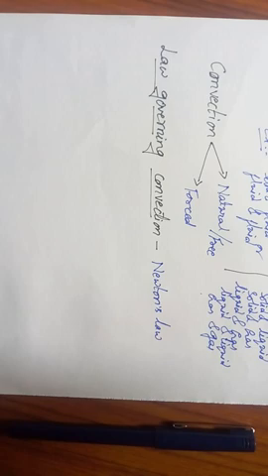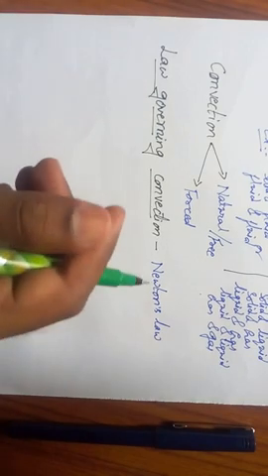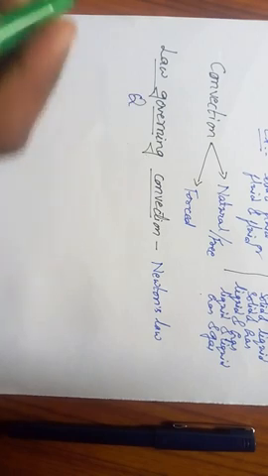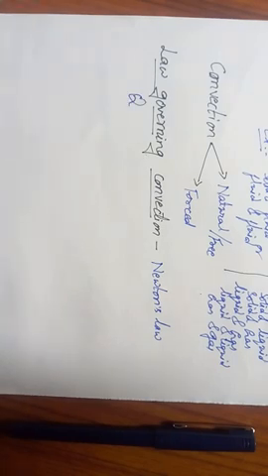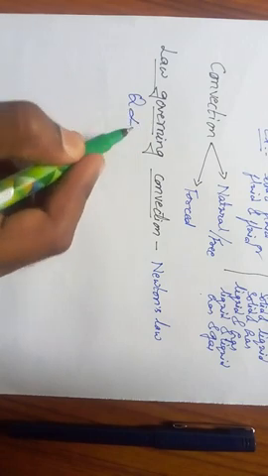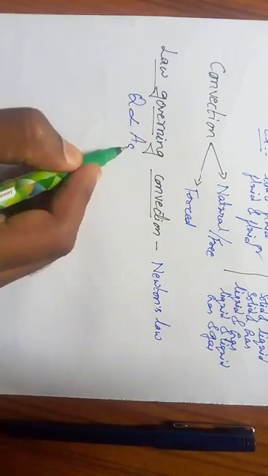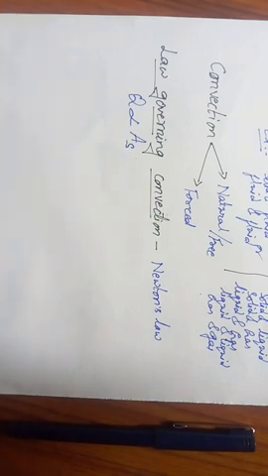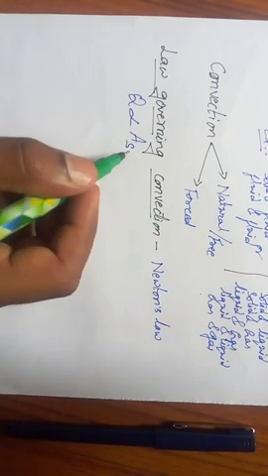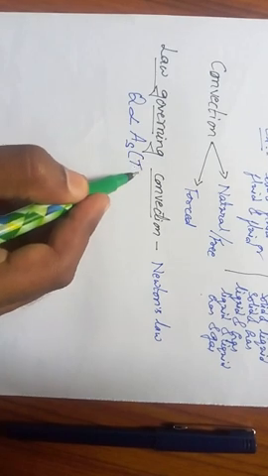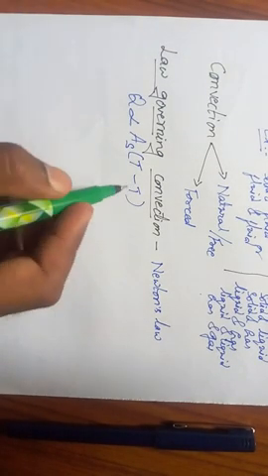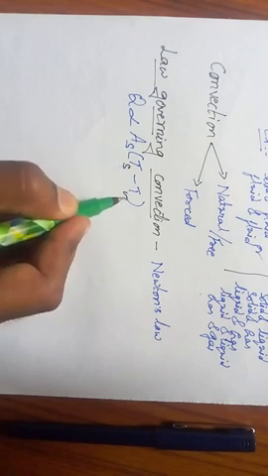The statement of Newton's law of cooling is: rate of heat transfer, represented by capital Q, is proportional to the surface area, that means the area exposed for convection, and the temperature difference between the surface and the surrounding.